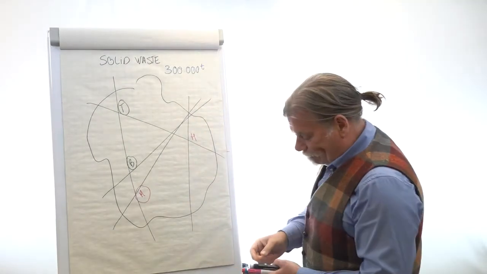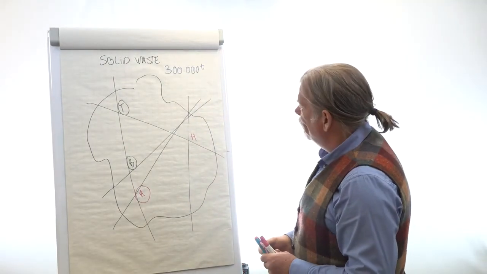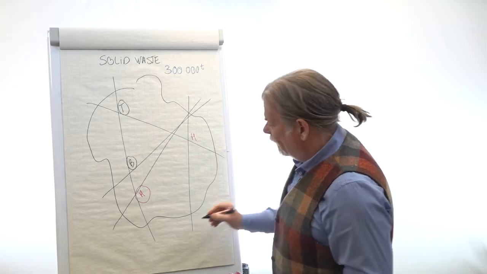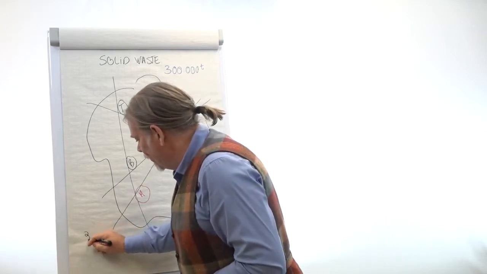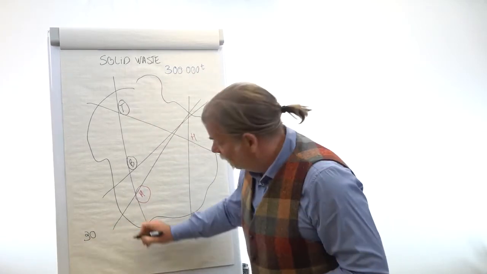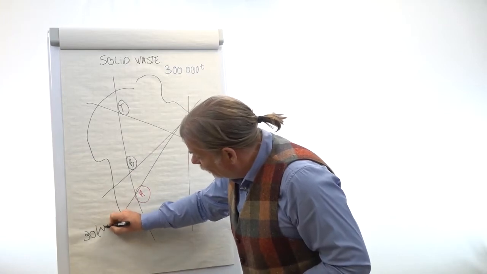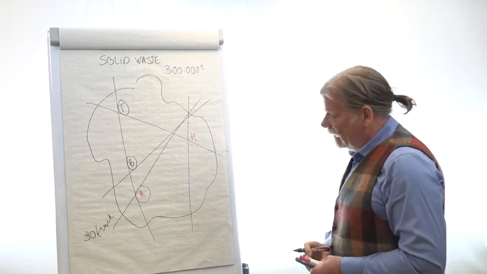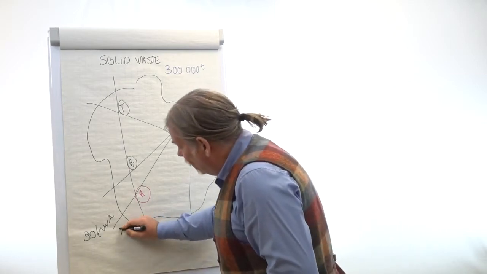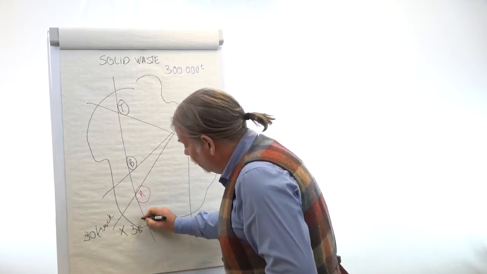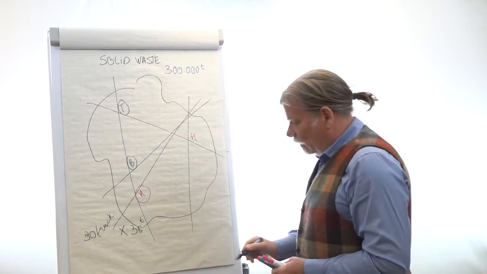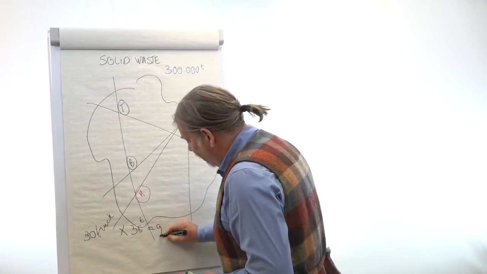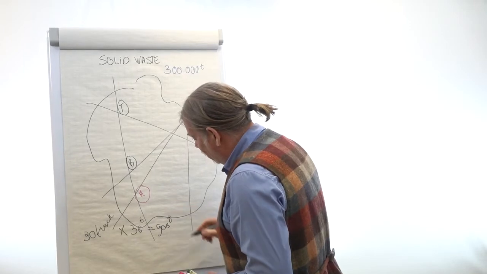So let's make the calculations. We have 30 trucks in the city for taking away the garbage. Each truck can do 30 tons per day, which is a total capacity of 900 tons per day.